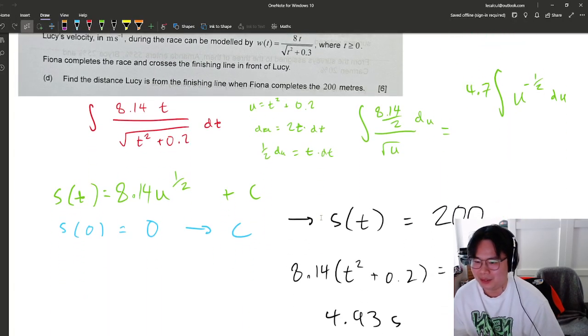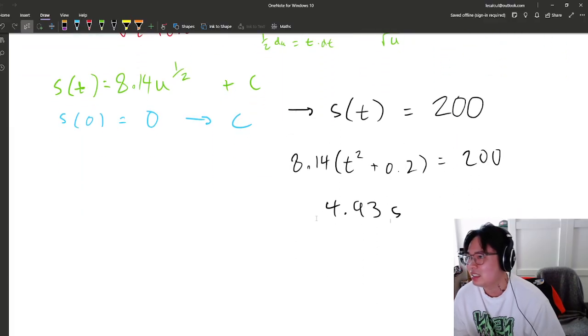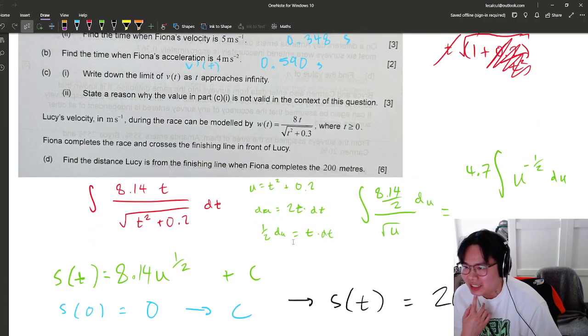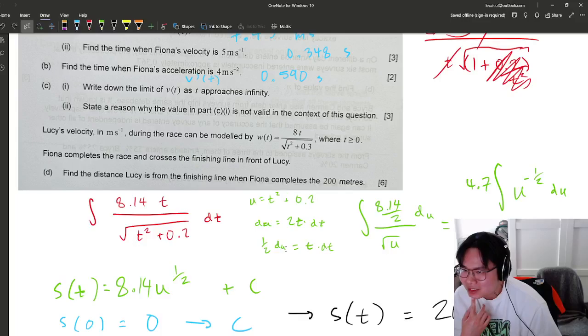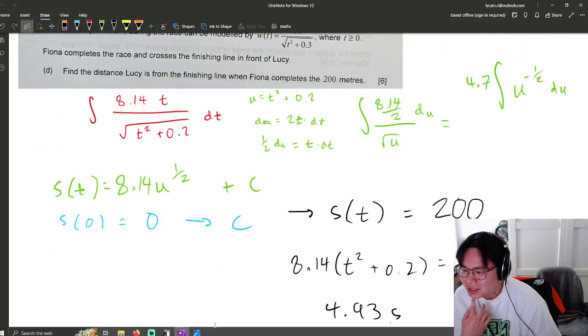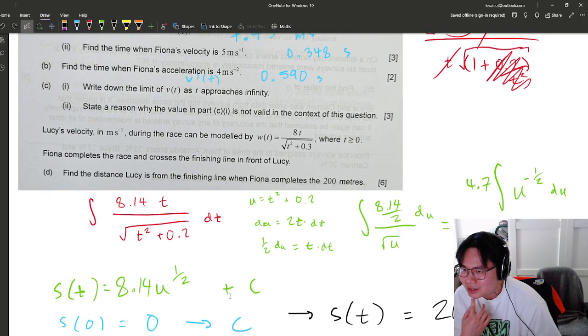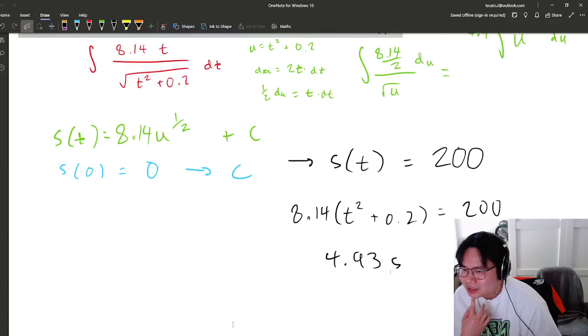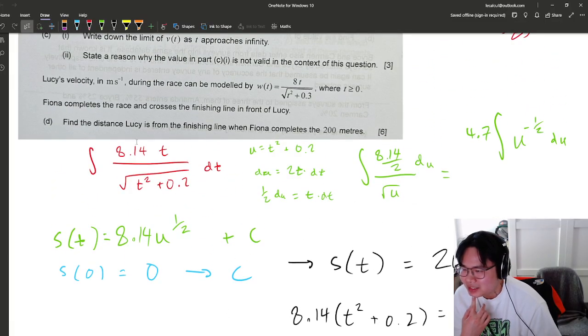No, that's not possible, right? 200 meters is like... that's really fast. Did I integrate this wrong?